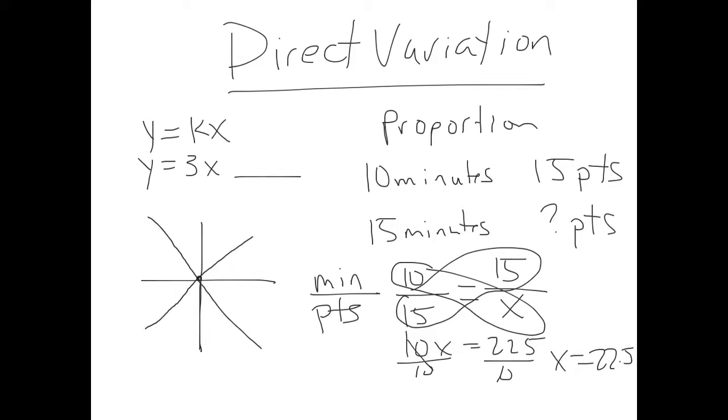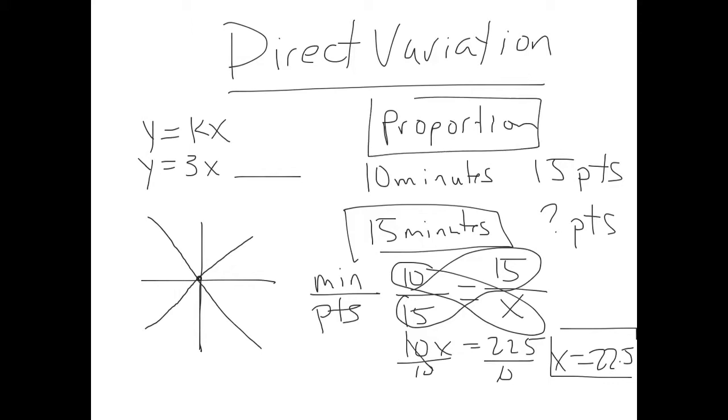So if Mr. Ashcroft plays 15 minutes, he can expect to score around 22.5 points. Okay? So directly proportional. It doesn't matter whether it's x's and y's or real world problems like this. We set up a proportion, we cross multiply and divide. Okay? And even if you want to do it like you did back in middle school where you just do 225 divided by that 10 over there, you'll still end up with the same answer.